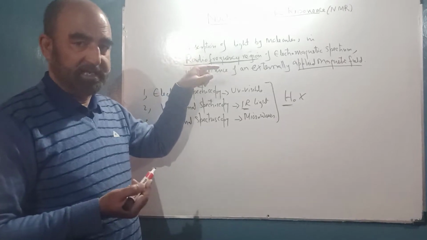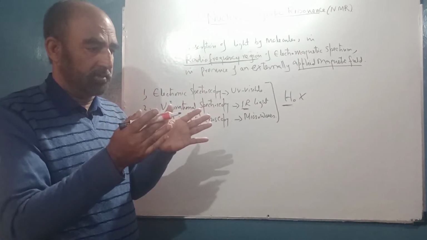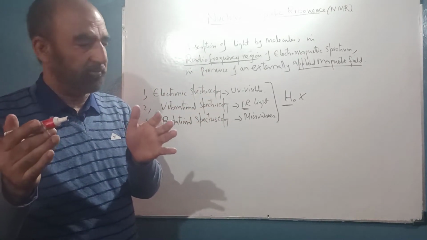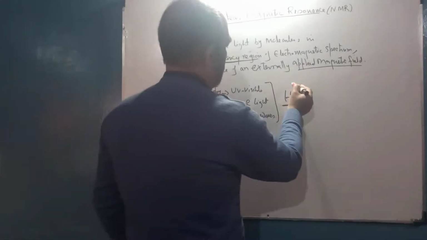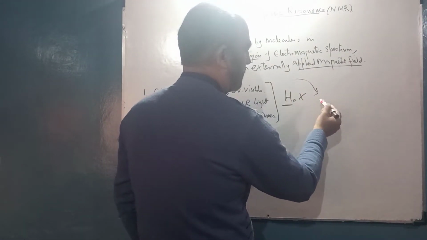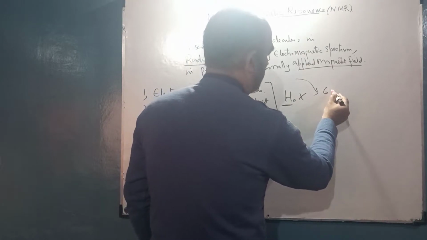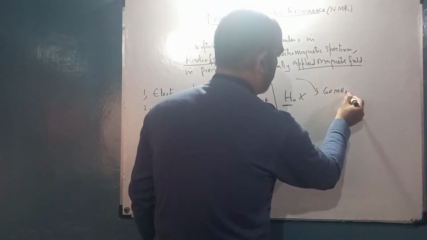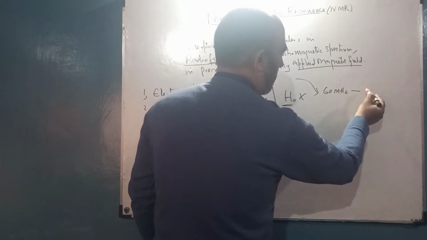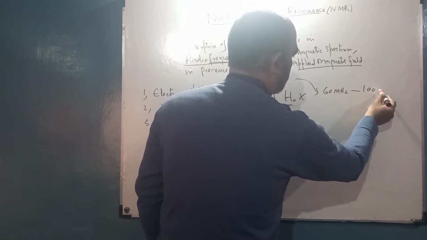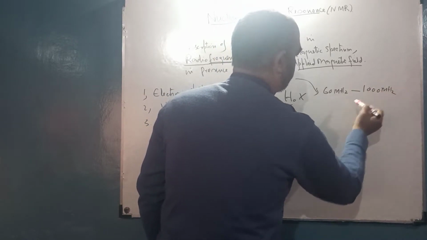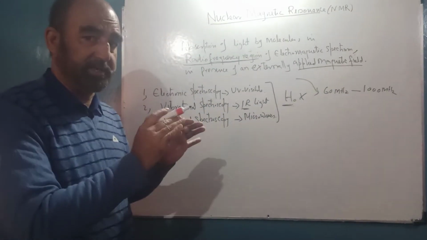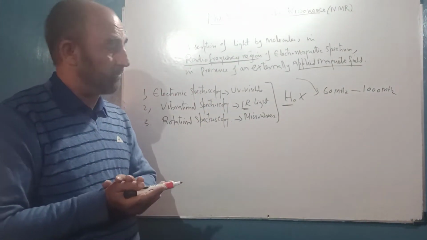One, we are using a light of specific wavelength or frequency. In this case, we usually use light from 60 megahertz frequency to approximately 1000 megahertz. That is altogether a different region of the electromagnetic radiation.